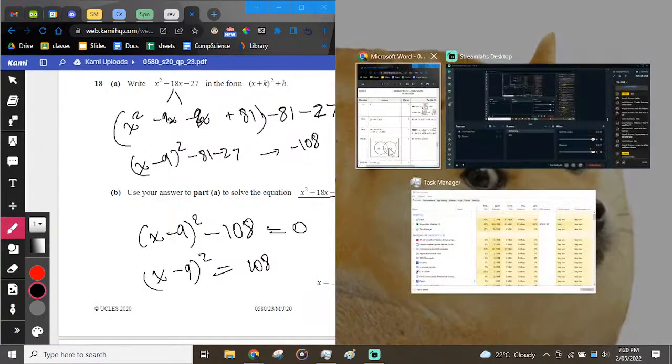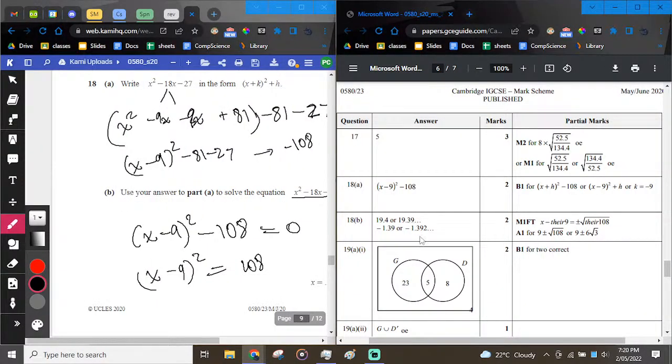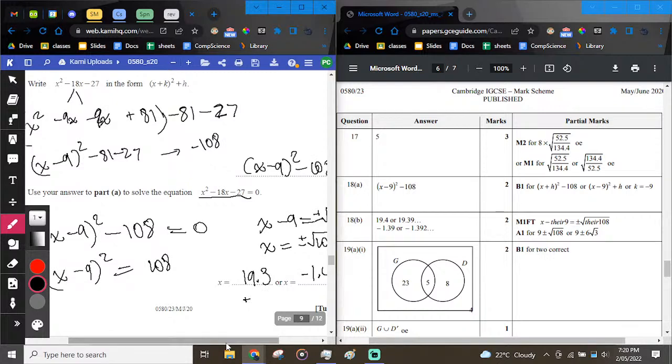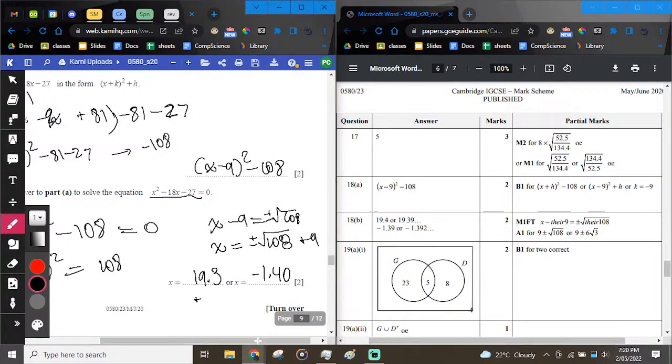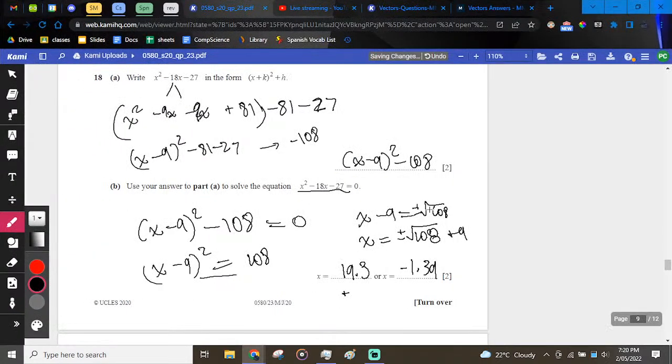Let's check the mark scheme. And yes, these are correct too. Why did I round that? Dude, it says 1.392. I did not have to round that. It's 39. There. How did it work?